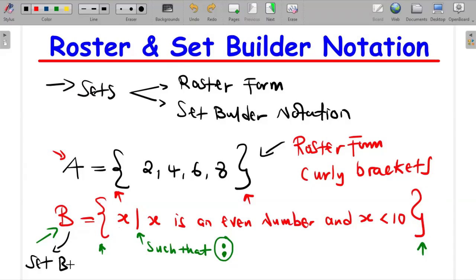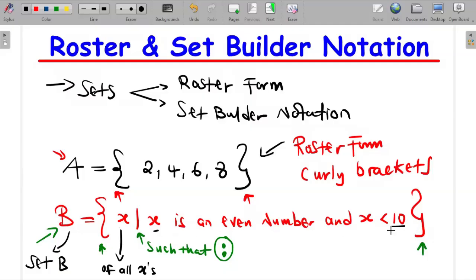This x here means all x's. Set B is a set of all x's, and then I have this symbol that is read as such that. Set B is a set of all x's such that x is an even number, and that even number should be less than 10. That's how we read the set builder notation.